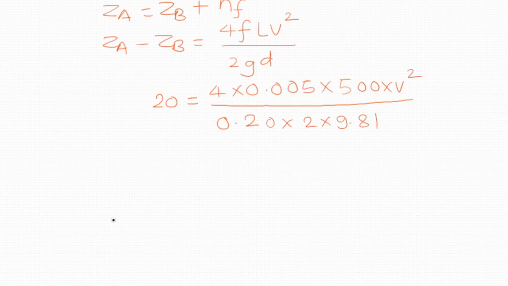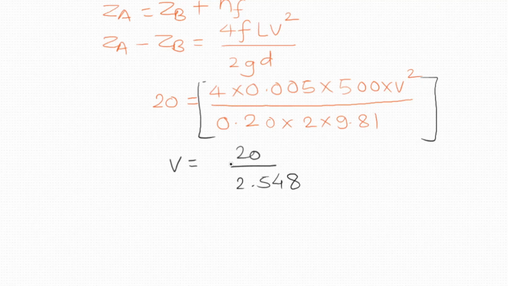If we put these values and calculate, we get 20 equal to V square times the remaining bracket, which works out to be 2.548.